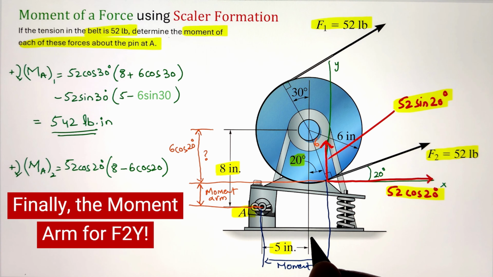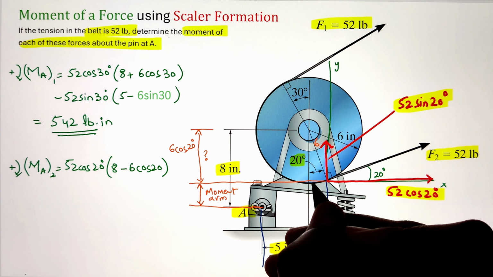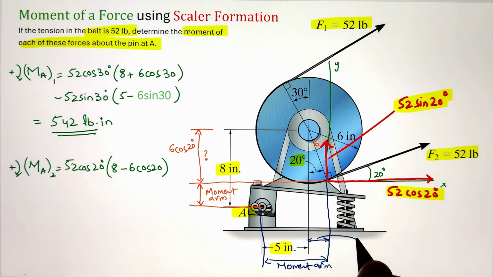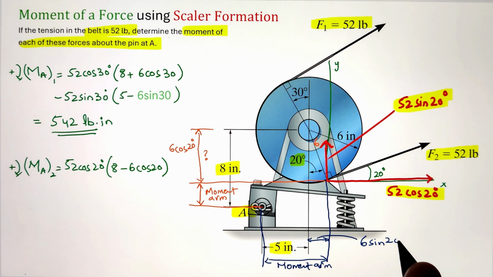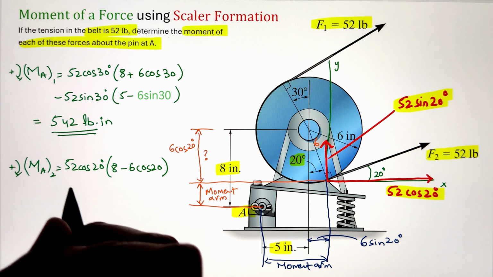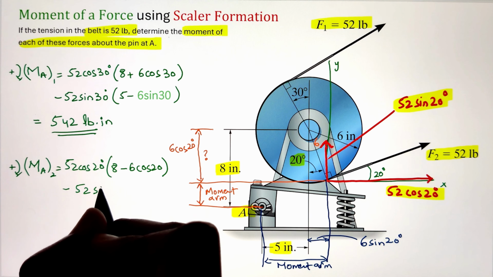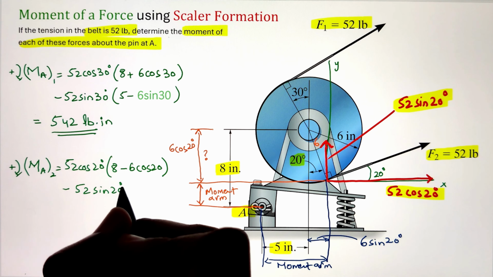Now, in this case, we know the distance from point A to the center of the plate is 5 inches. We need to identify the additional distance from the center to the force vector along the y-axis, which can be calculated by taking the sine function of the radius. So 6 sine 20 will be that distance.